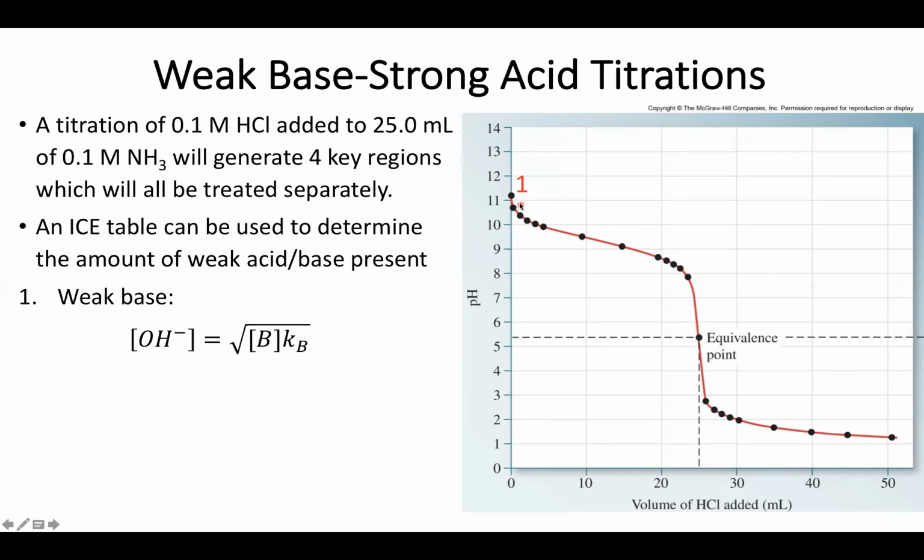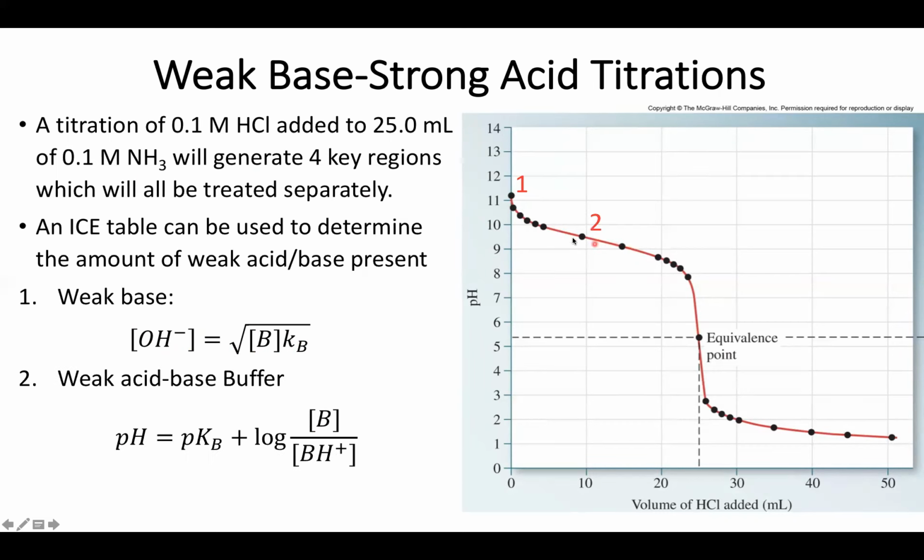So the next key point is I will have converted some of my ammonia into ammonium, generating a weak acid-base pair. So based on the exact ratio of HCl added, we can either have more base present, at which point you'll be above the pKa, or you can have more acid present, at which point you will be below the pKa, as you'll have produced an excess amount of ammonium.